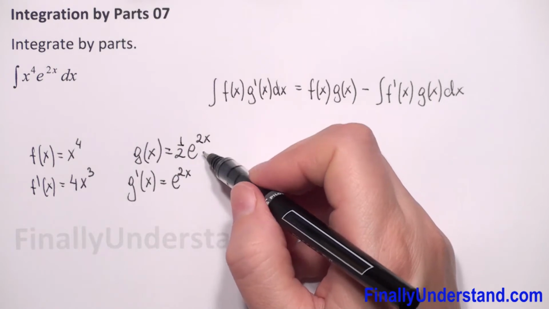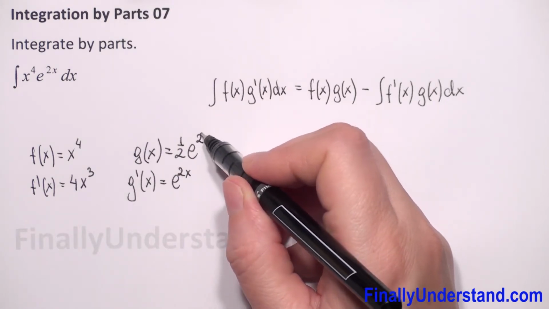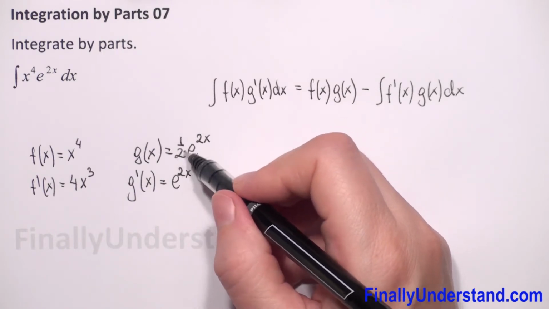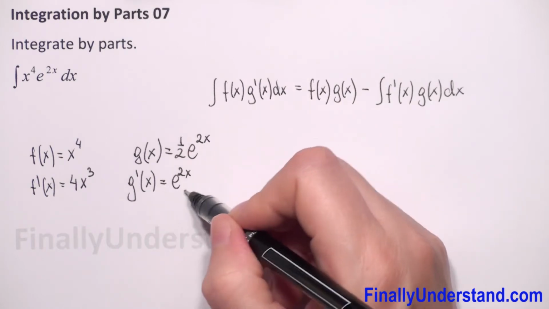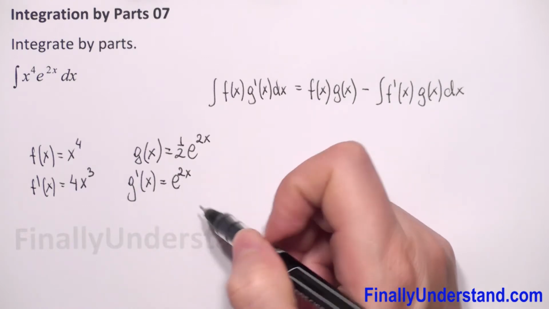Why? Because the derivative of e to the power 2x is e to the power 2x, and the derivative of 2x is 2. So when we multiply 1/2 by 2, this constant will reduce and we will have exactly what we have at the beginning. g prime is e to the power 2x.